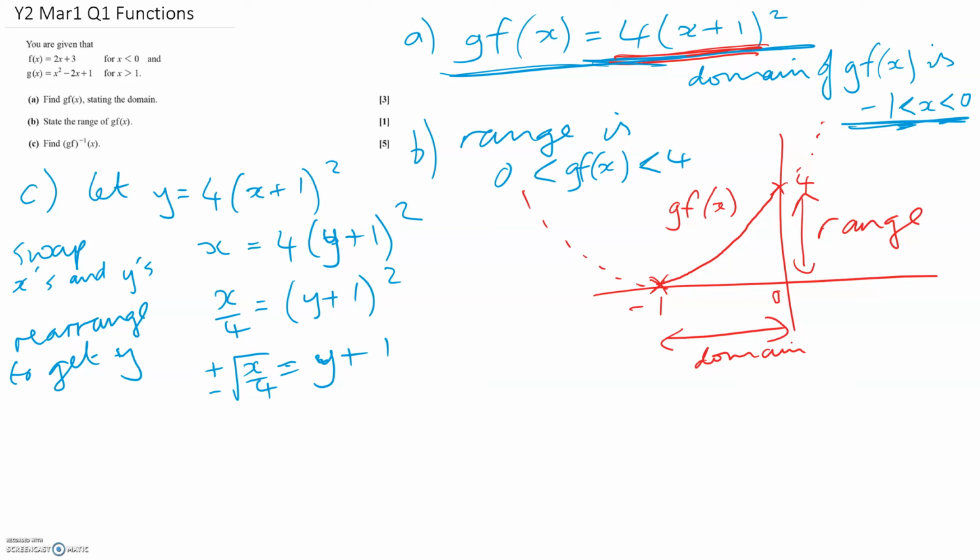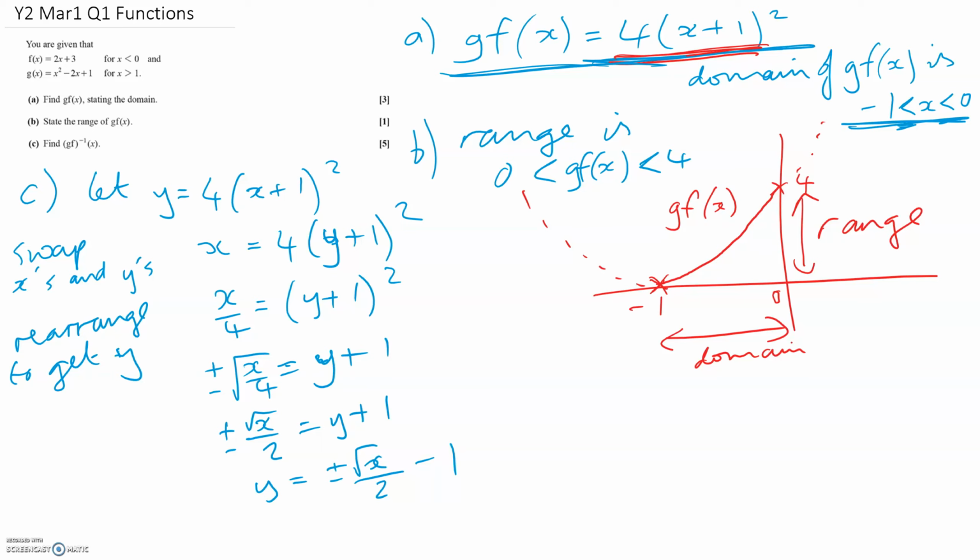Might as well just make this root x over 2, because the square root of 4 is 2. So if we get y on its own, we'll get y equals plus or minus root x over 2, minus 1.